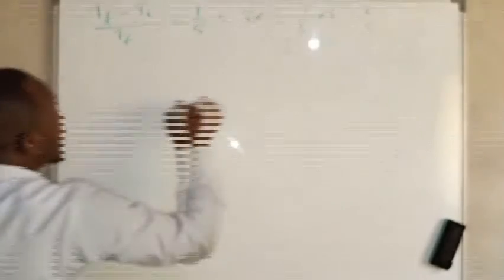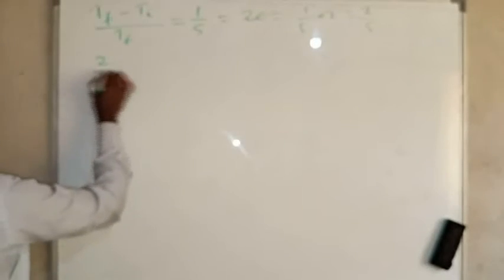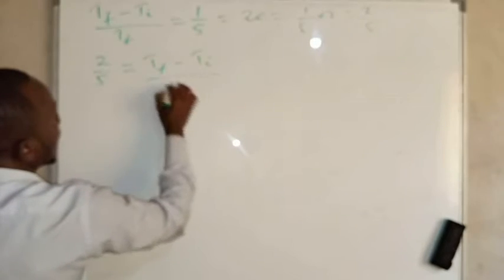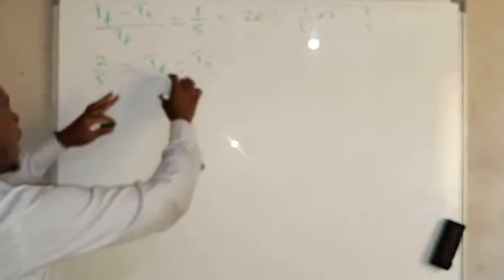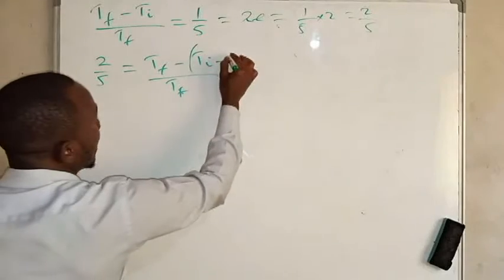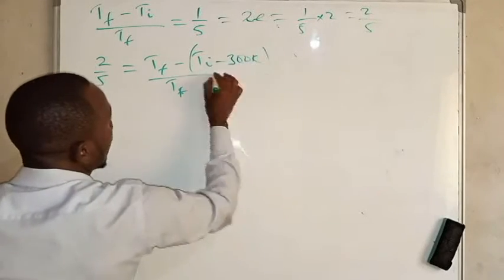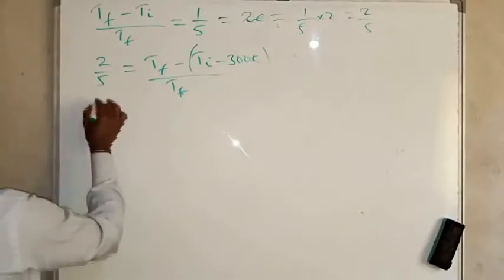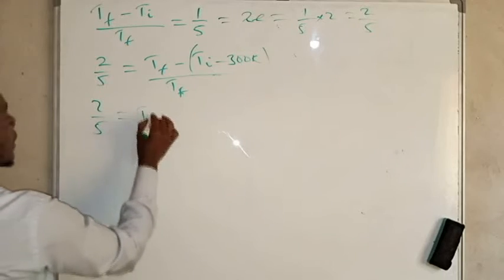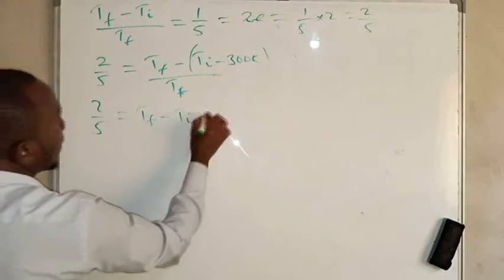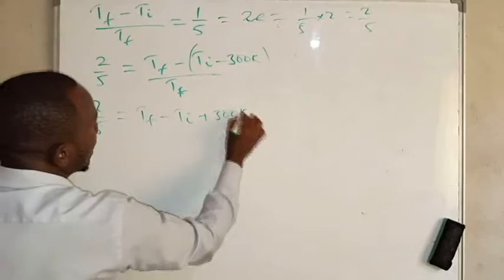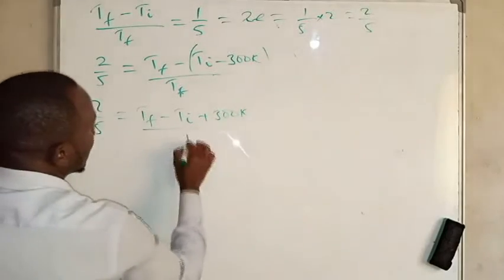So we're going to have 2/5 is equal to Tf minus Ti plus 300 K over Tf.